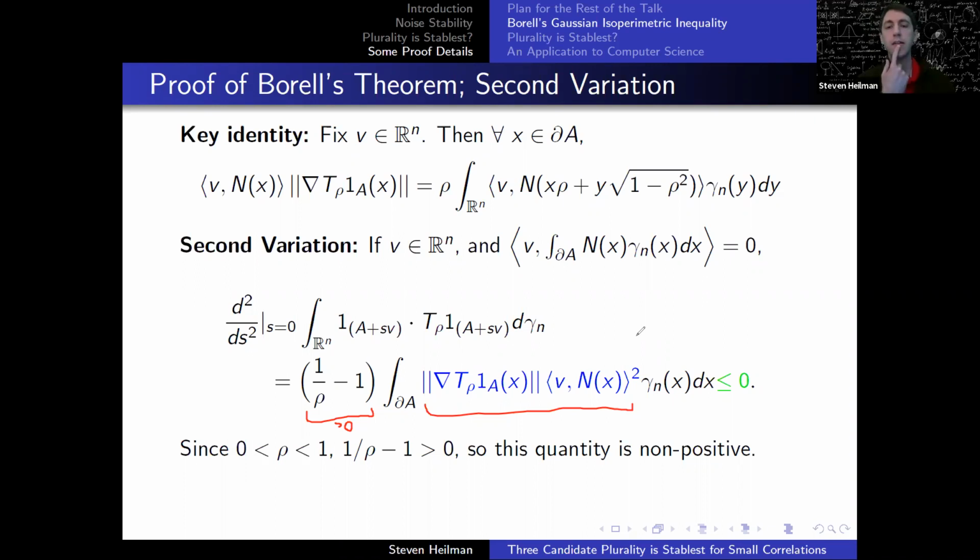Okay, now we need to think for a second. Remember, we're maximizing noise stability. If we have a maximum, then its second derivative should be non-positive. Second derivative non-positive, but we showed it is equal to something non-negative.